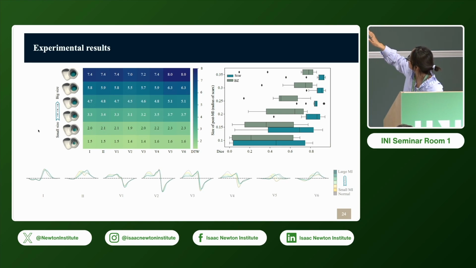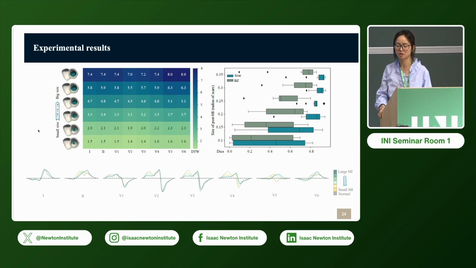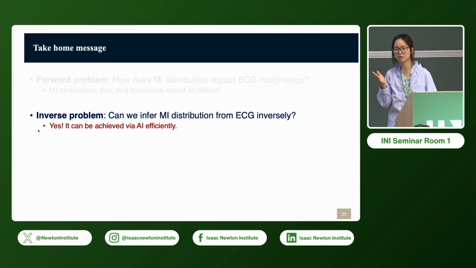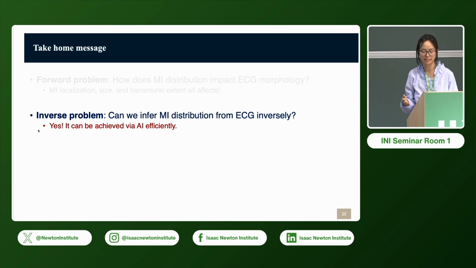In general, as long as the radius of the scar is larger than 0.2, the performance is generally good enough. So to conclude, we can answer the second question. Yes, it's possible to inversely inform the Markov functions using the AI model very efficiently.